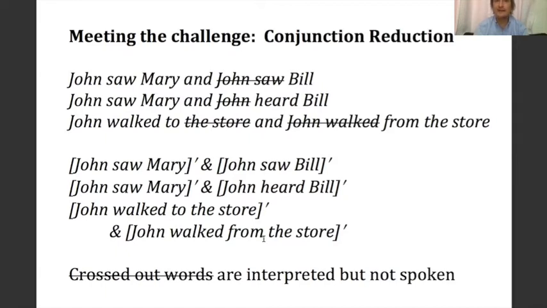So if we have that as our underlying structures for the sentences, and we interpret the crossed out bits as well as the other parts, then logical and can work. The sentence "John saw Mary and Bill" is interpreted as logical and conjoining the meaning of "John saw Mary" and the meaning of "John saw Bill." And similarly for the other two examples.